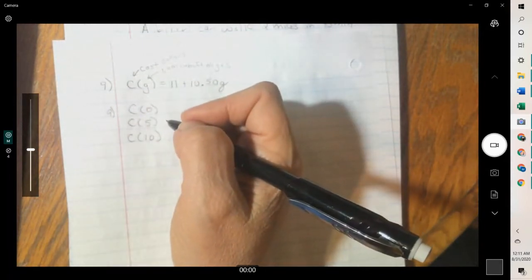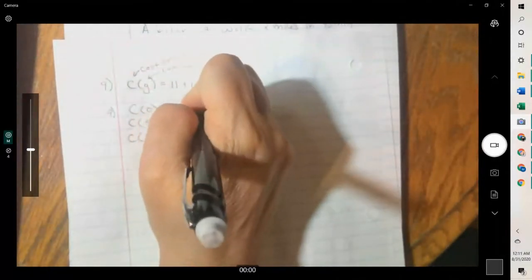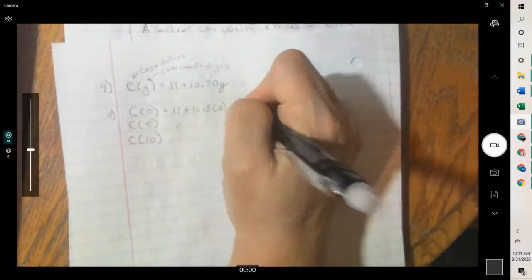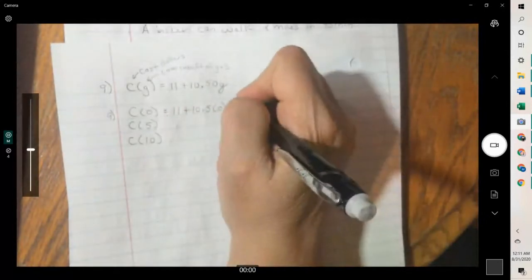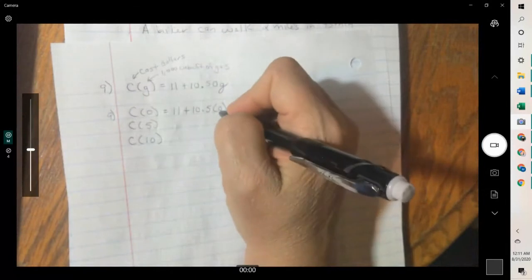All you're doing is putting in 0 for G. Which gives us 11. So our cost in dollars, it's $11, and that's when we've used no gas.